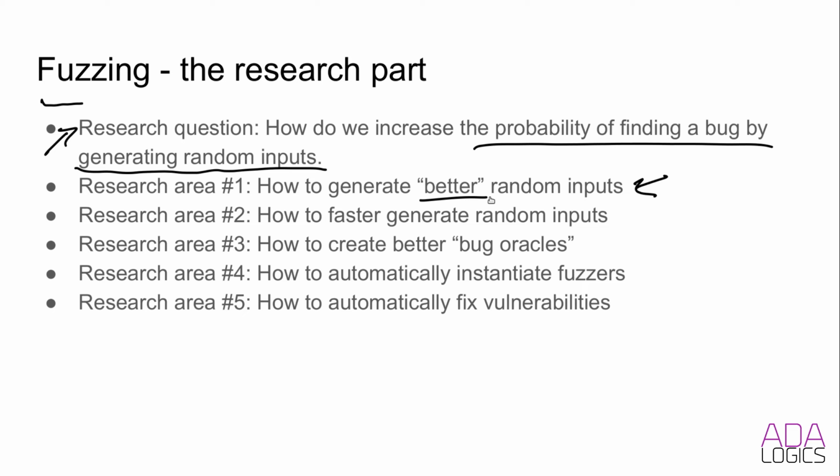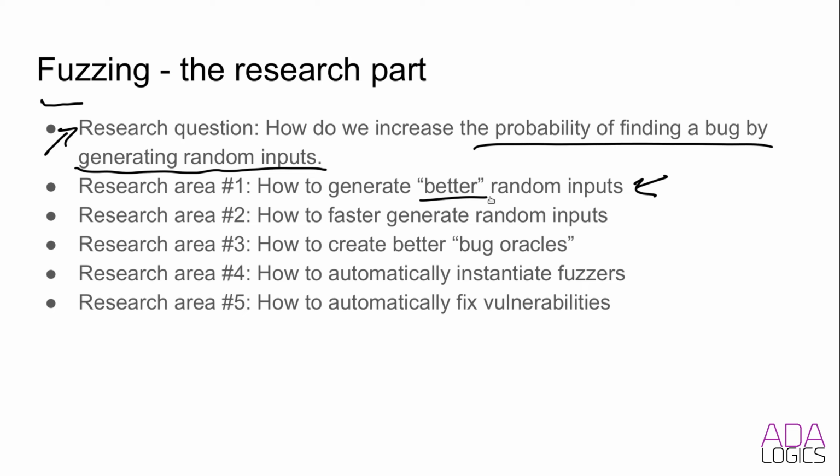There are a lot of techniques that look at the structure of the program and try to infer what kind of attributes a given input should have in order to execute a lot of different code. How can we create various inputs that each trigger different parts of the code, and things like that. You will find a lot of techniques proposed in this area.